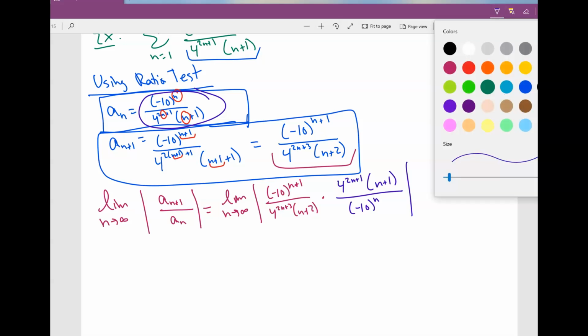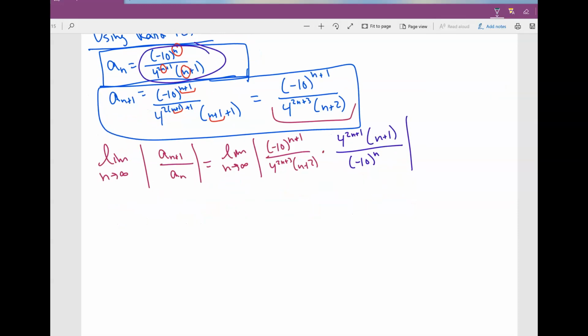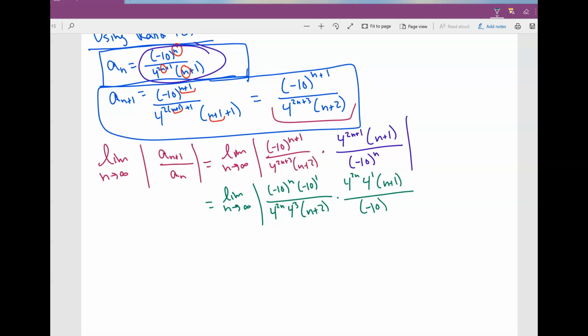So now here's where we're going to have to use a little bit of algebra. So I'm going to have the limit as n goes to infinity. This guy is going to be, we can break it up, negative 10 to the first power, divided by, this we can also break up, 4 to the 2n, 4 to the third power, n plus 2, times 4 to the 2n, 4 to the first power, n plus 1, divided by, this is just going to stay the same, negative 10 to the nth power.